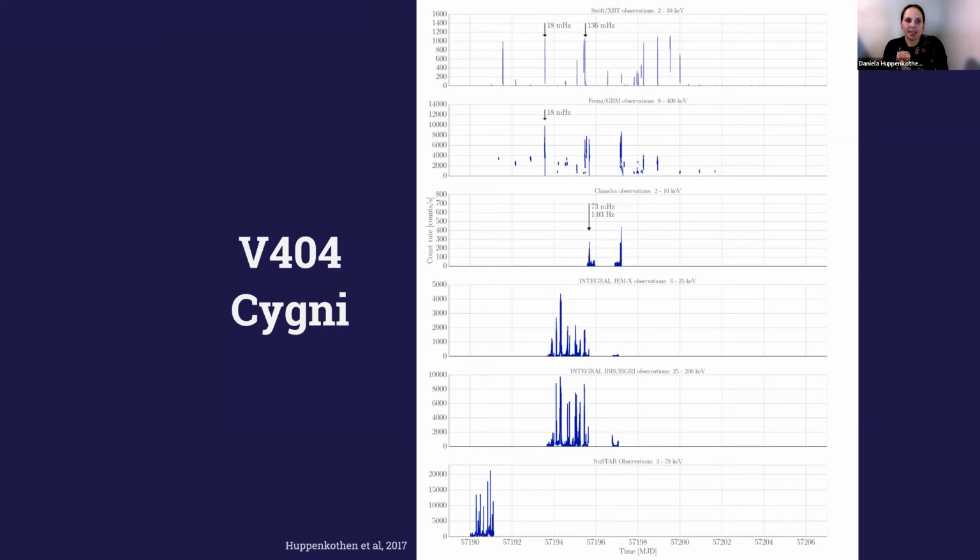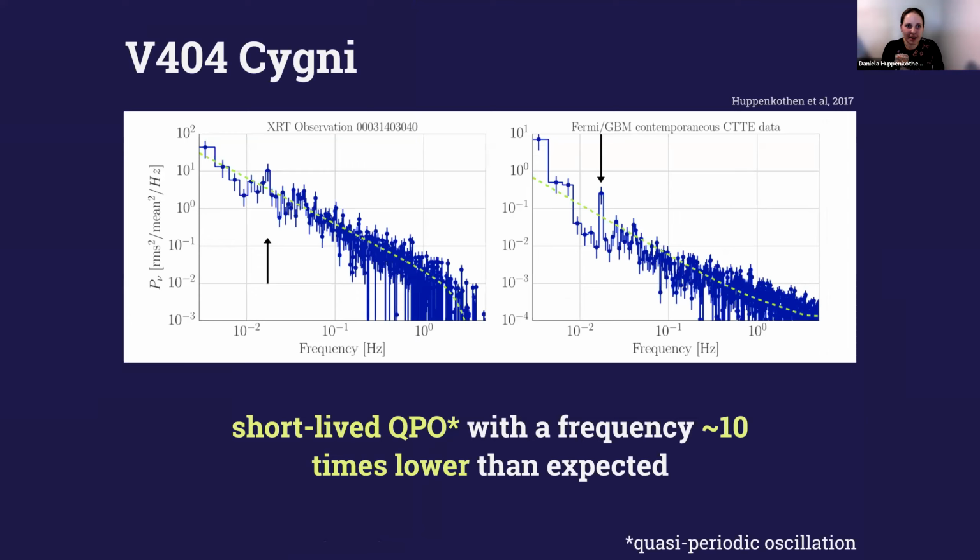And you can see that this source was extremely variable. And one thing that we found was sort of a faint trace of a QPO, and it's slightly difficult to see, but I can promise you I did a lot of statistical tests. It is there. And that was interesting because that was at a frequency that we didn't expect.